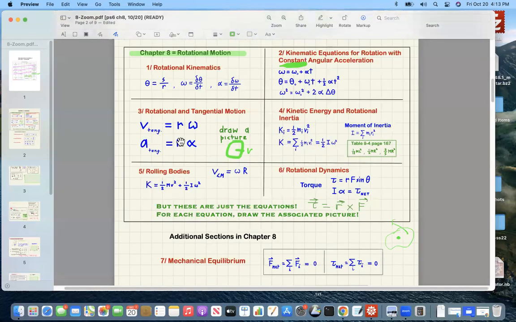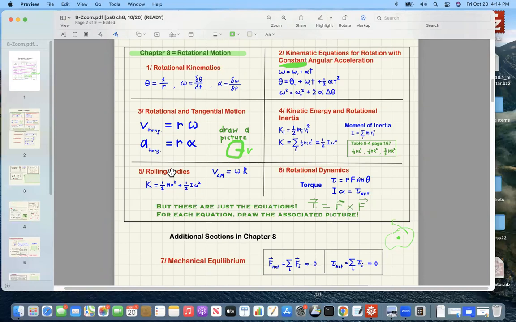All right, well, that describes the kinematics and energy. Now there's a section on rolling bodies. A rolling body is something that's both translating in space, the center is moving in space, so that's translation, and rotating around an axle.